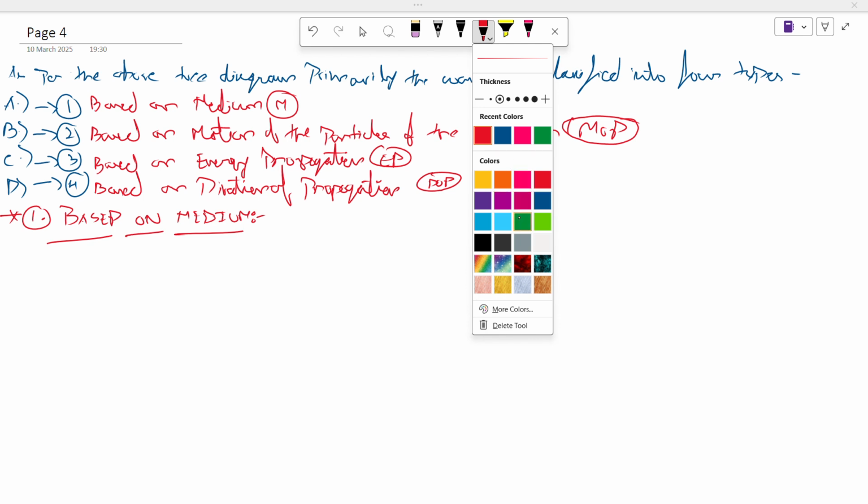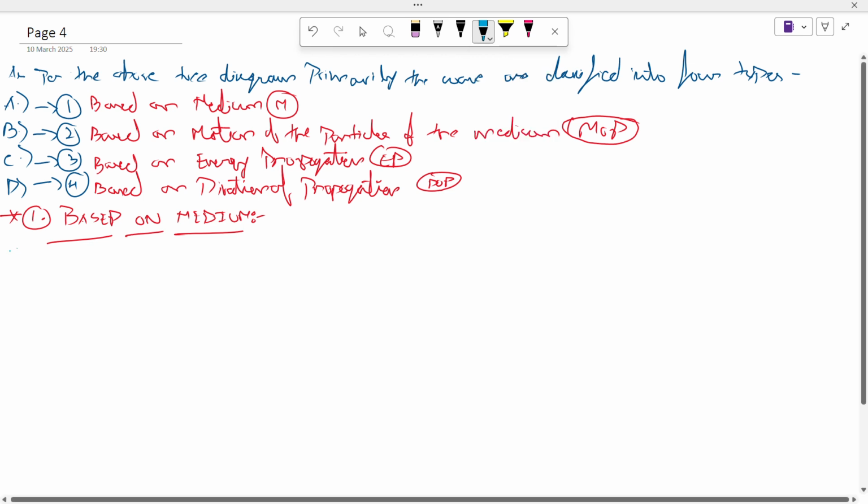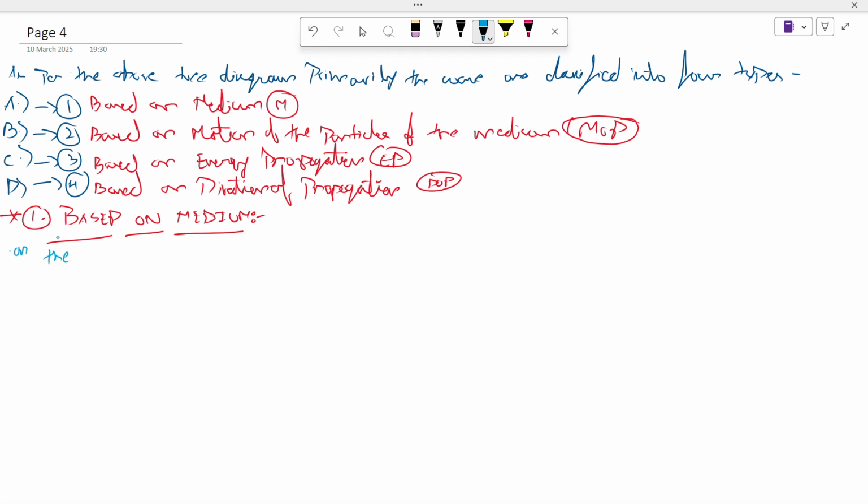On the basis of medium, waves are of two types.